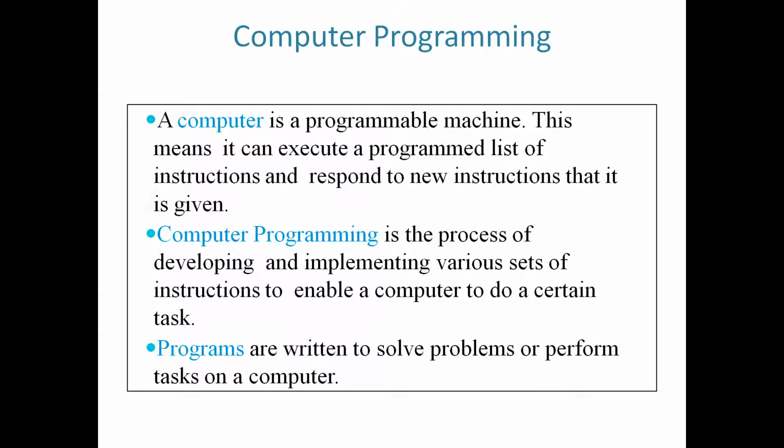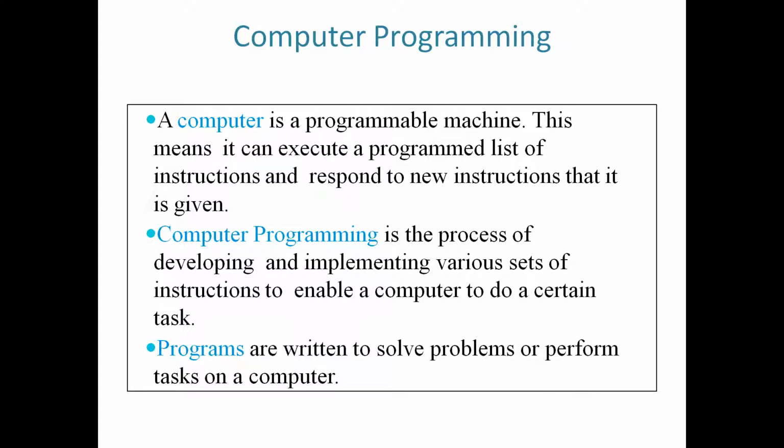It does not have the capability to think on its own. All the instructions we give it are converted into binary language. The computer understands them, executes those instructions, and then gives us the desired output in the form of human language.